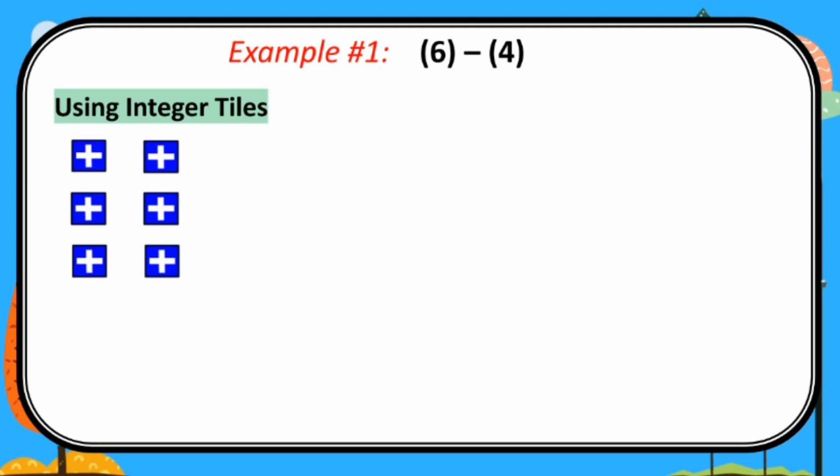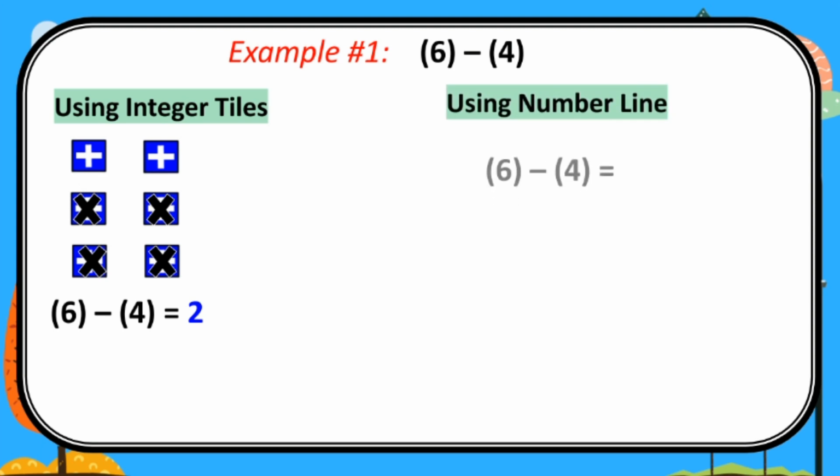Then, ang ating subtrahend ay positive 4. So, babawasan natin ang positive 6 ng 4 positive tiles. So, i-cross out na lang natin 1, 2, 3, and 4. So, may natirang 2 positive tiles. Therefore, positive 6 minus positive 4 equals positive 2.